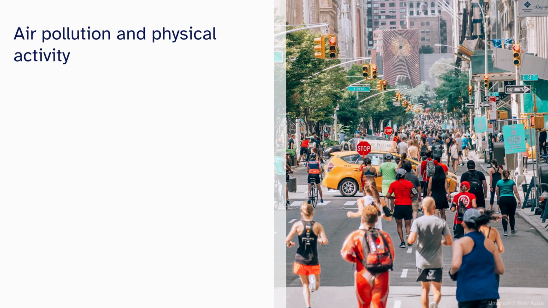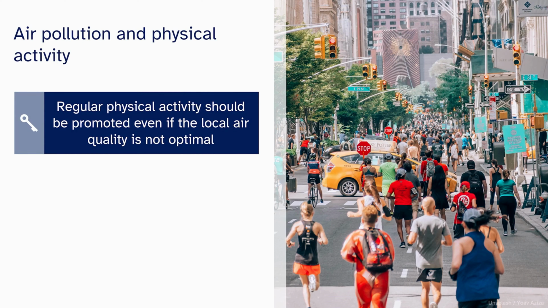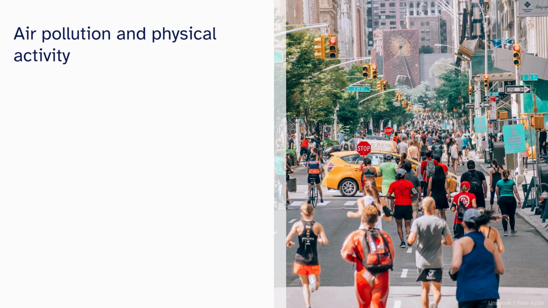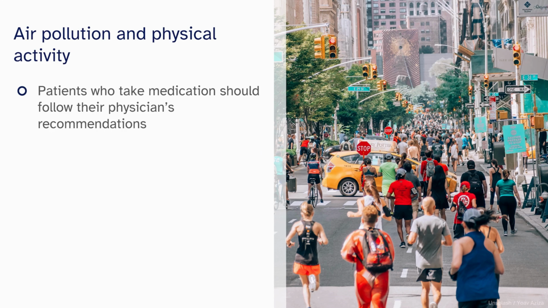In general, regular physical activity should be promoted even if the local air quality is not optimal. The timing and location of physical activity should be adapted to reduce exposure to air pollution. Any recommendation should also consider ozone and temperature levels, especially in warmer climates. Patients who take medication should follow their physician's recommendations, for example, adapting the asthma treatment during episodes of high air pollution.